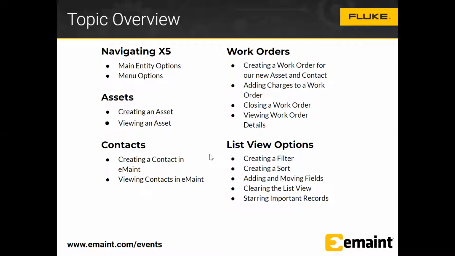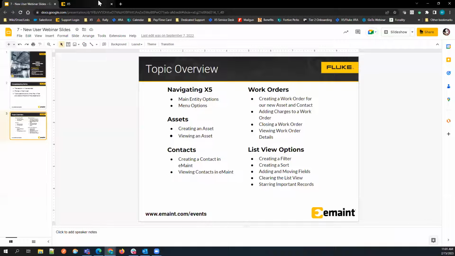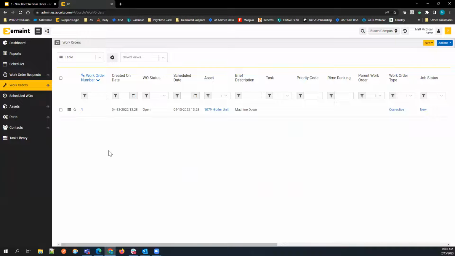So now we will get into the eMaint X5 interface, and I have it open already over here. And as you can see, I am on the work order entity as it stands right now. On the left-hand side, you have your entity menu. This is how I have mine set up.